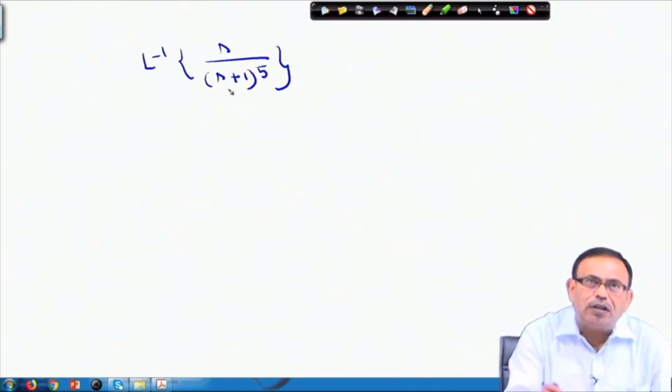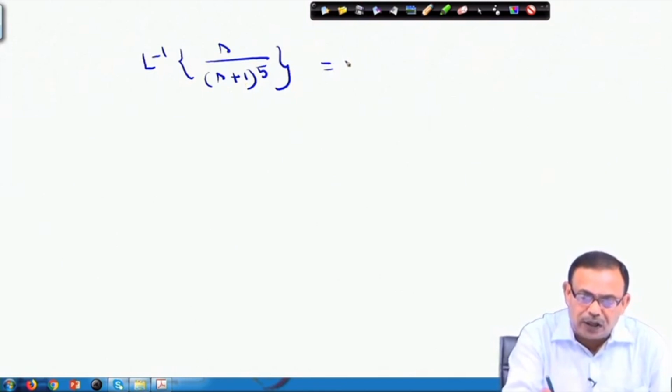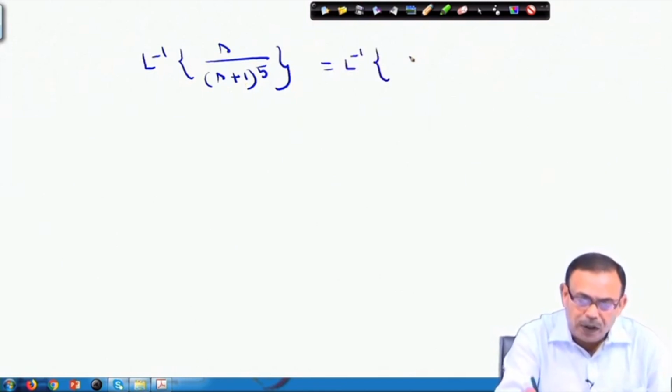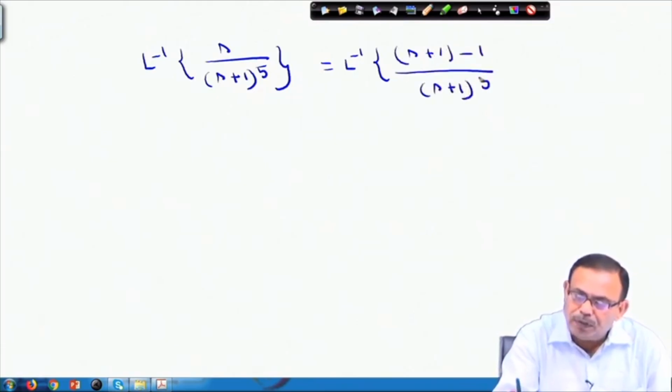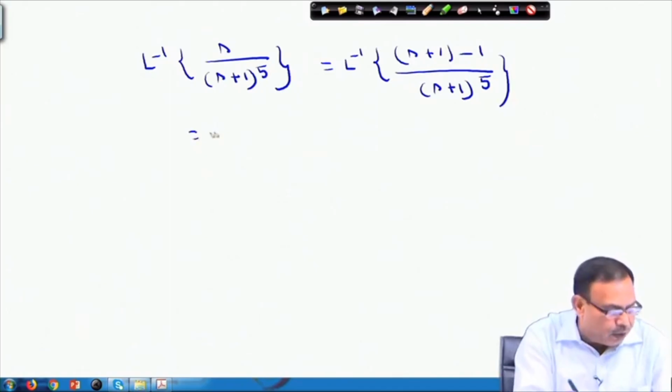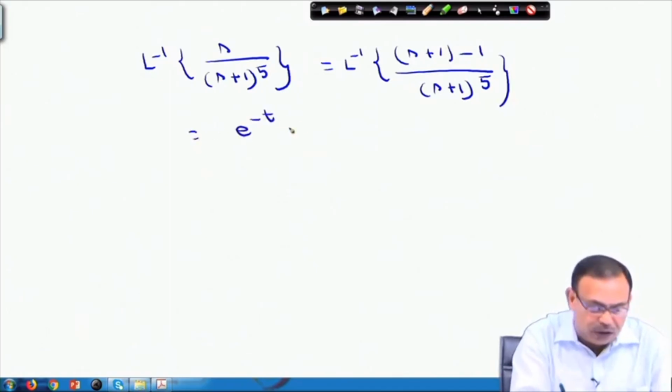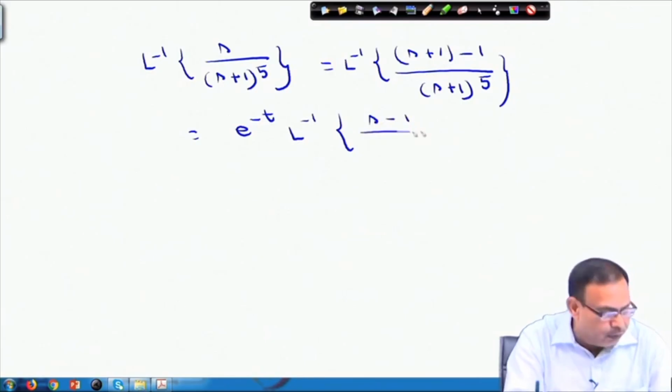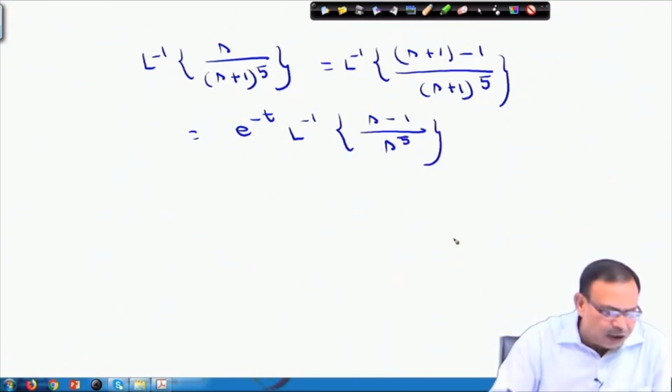So, like the earlier example, I will try to make it as (s plus 1 minus 1) by (s plus 1) to the power 5, and this equals again e to the power minus t into Laplace inverse of (s minus 1) by (s plus 1 replaced by s), so (s minus 1) by s to the power 5, and this is very simple.